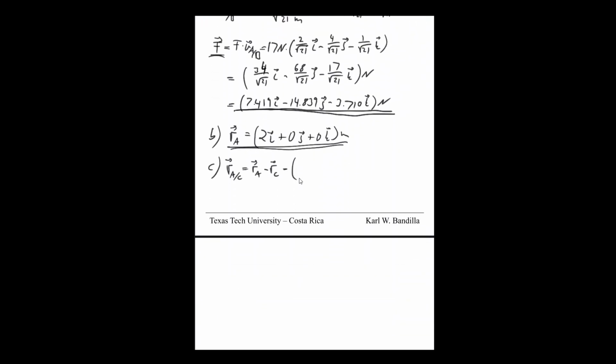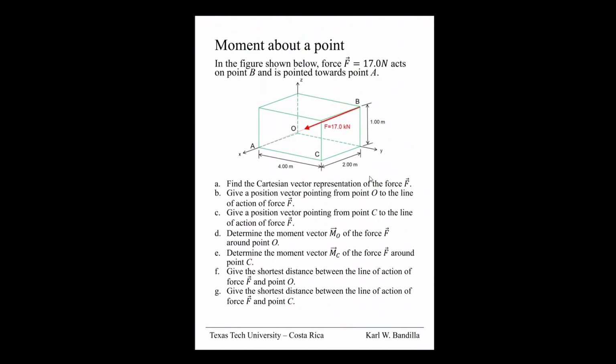RA, we'll just have it written there, so we'll just copy that over. 2i plus 0j plus 0k meters minus, how do we get to C? Well, we have to go 2 in the X direction and 4 in the Y direction.